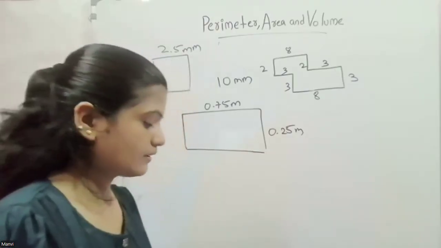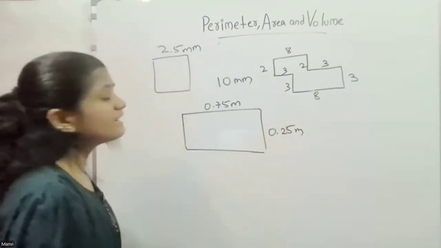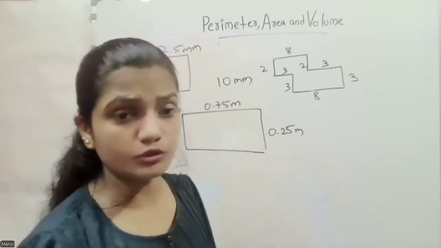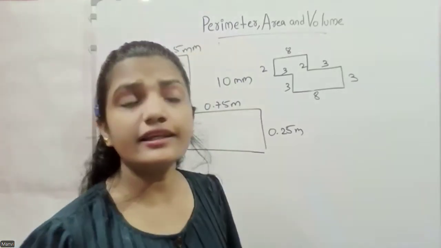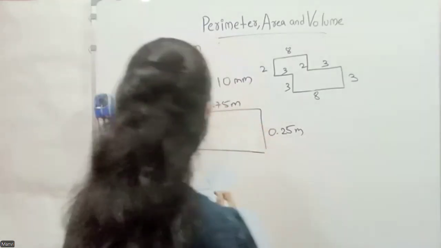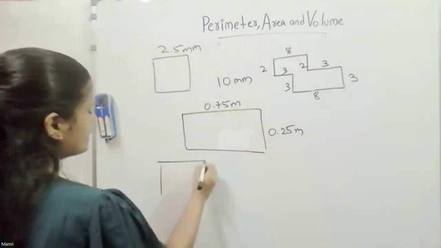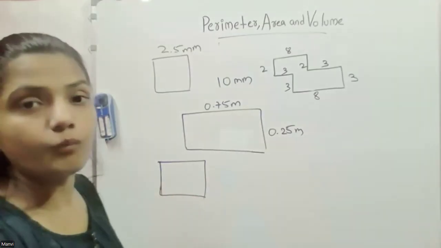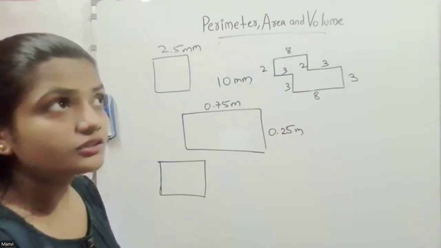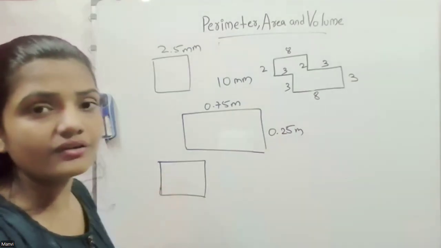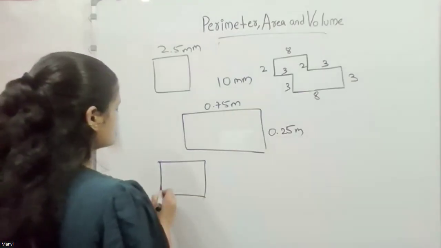So in a word problem question, how can we understand that they are asking about the perimeter? Whenever they say this is a rectangular field, and one boy wants to complete 3 laps or 1 lap around this field, Kavya, you agree the boy must run on its boundary?